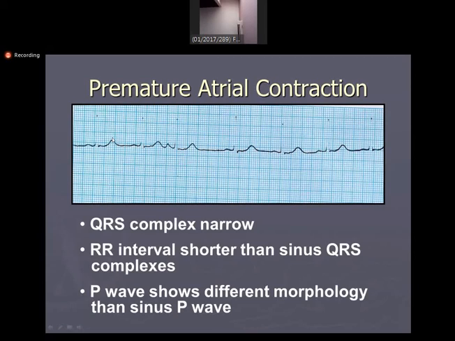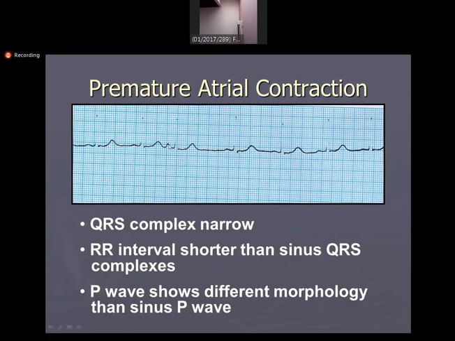But here you can see a P wave which is different from this one, and it comes early. Here the P wave comes after 5, 10, 15, 20 small boxes, but here it comes after 10 small squares. What does it mean? It is a P wave which is morphologically different from this P wave.